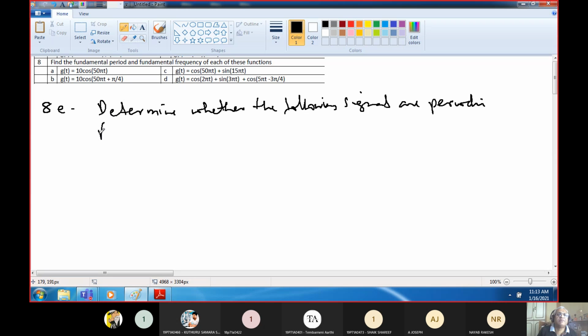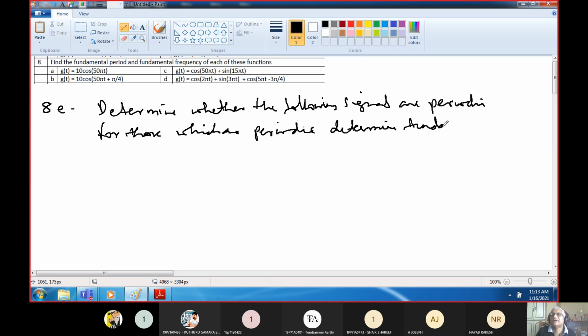For those which are periodic, determine fundamental period. Okay, determine fundamental period.